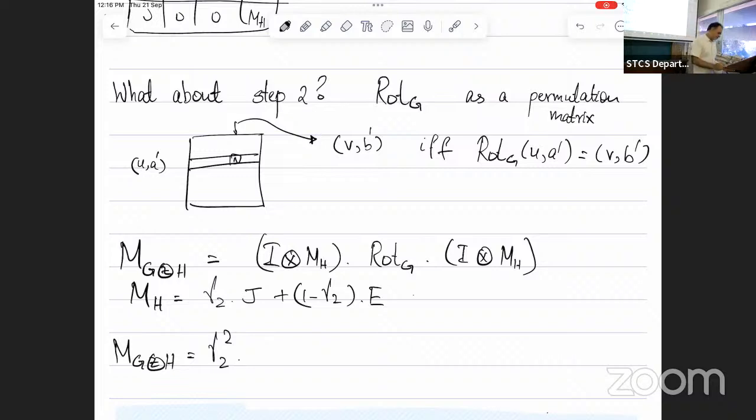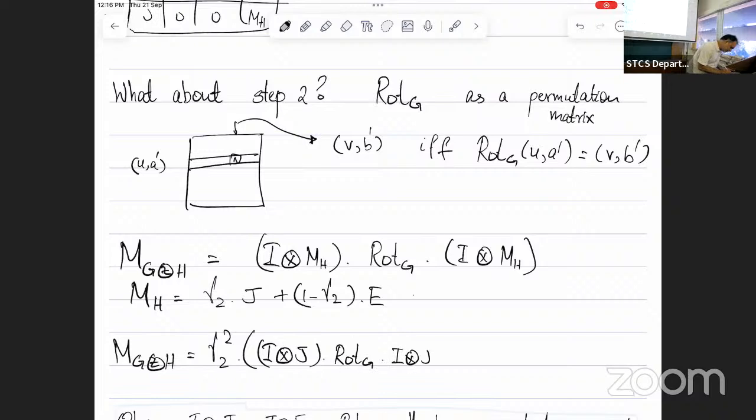Yeah. Okay. So this is going to be gamma 2 squared times, okay, I'll write down the main term and there'll be 3 other terms that will show up. So the first term is going to be I tensor J times rotation map times I tensor J, plus 3 other terms.